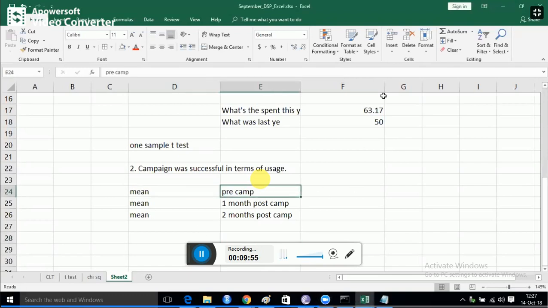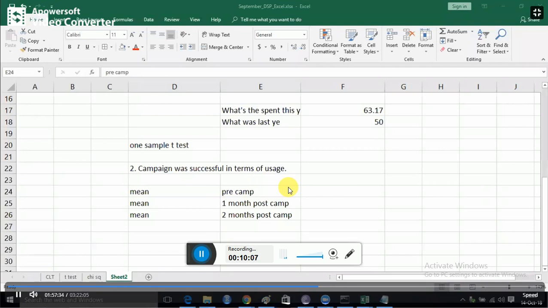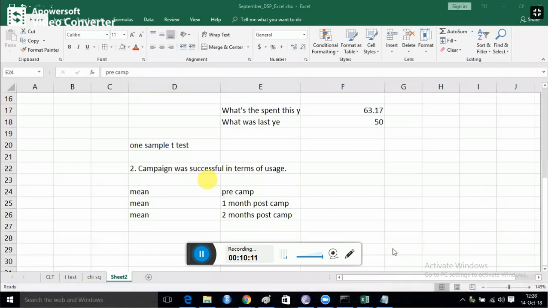So new mean as in, can you please explain it a little bit more? Mean after first month post campaign should be different from which one? Pre-campaign. Fantastic. So let's do this.